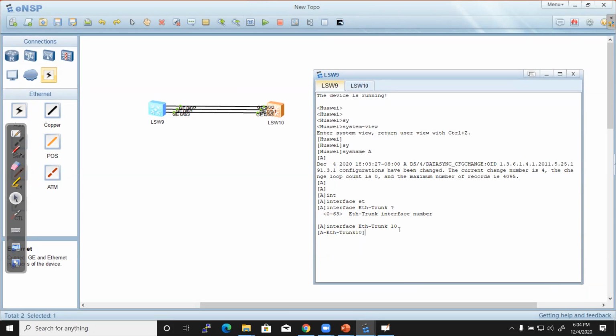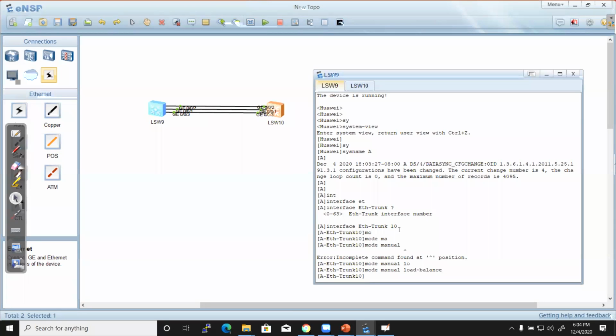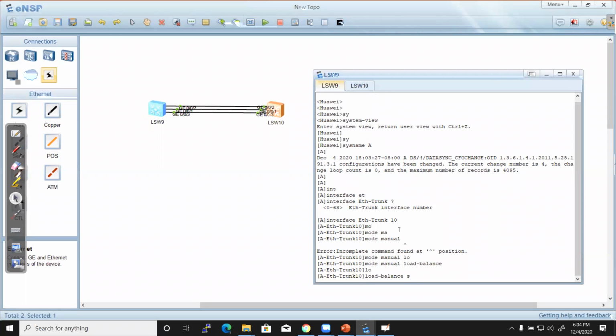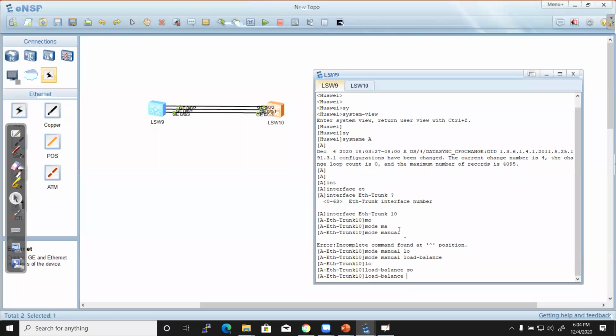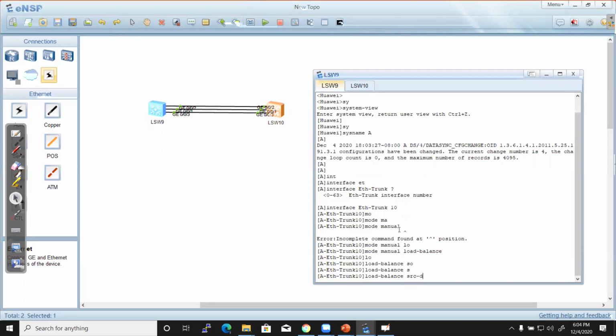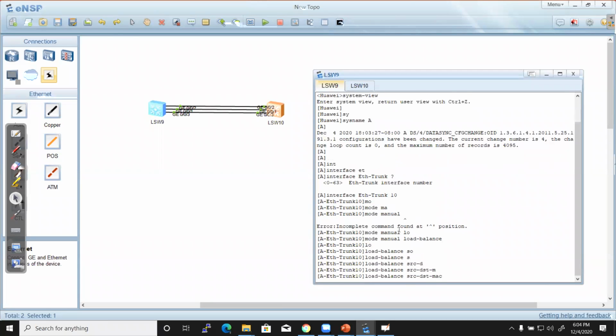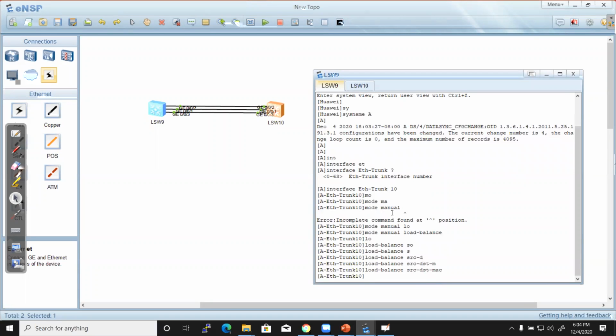And you can set mode manual, and load balance. You will trigger the load balancing as well, on the basis of source and destination MAC addresses.